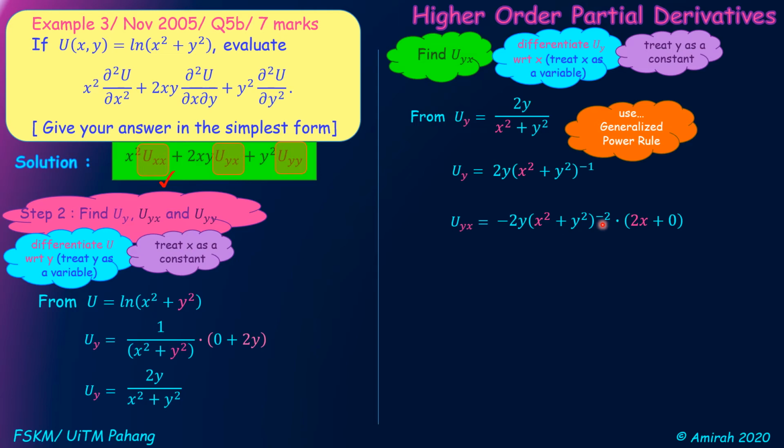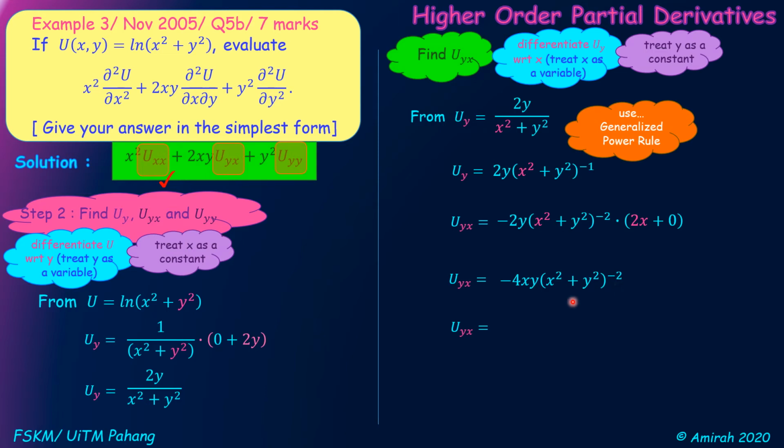So we have x squared. When we differentiate the function inside the bracket, x squared gives 2x, and then plus, we differentiate y squared, and we get 0 because y is treated as a constant. After that, we simplify, so we get -2y times 2x, which is -4xy, times (x squared plus y squared) to the power of -2.